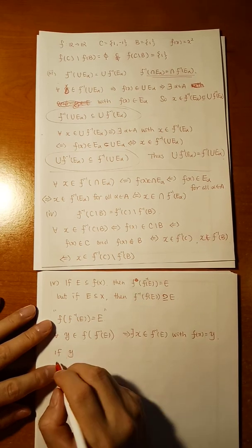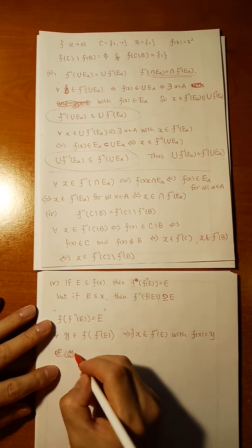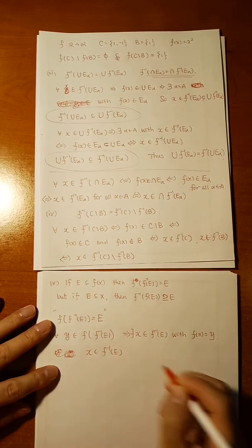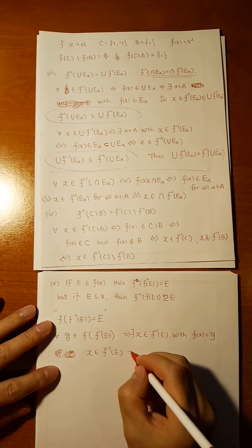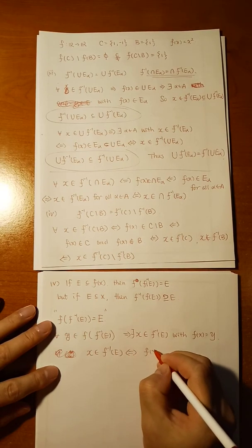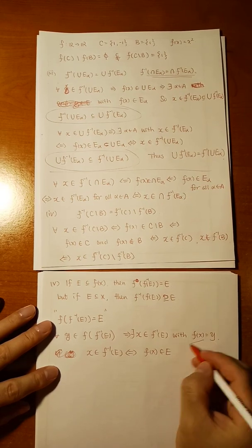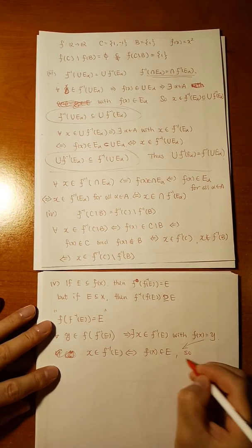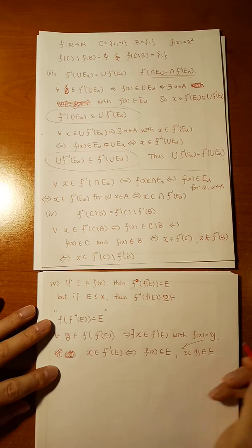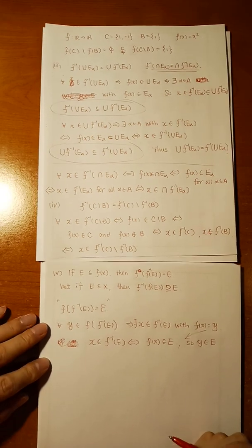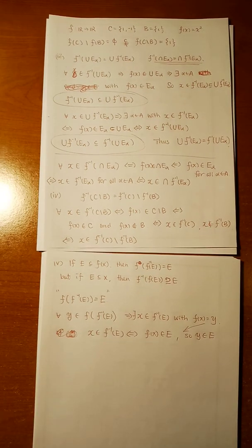So x belongs to f inverse of E. This is equivalent to f(x) belongs to E. And f(x) is y, so y belongs to E. You see how I get it?